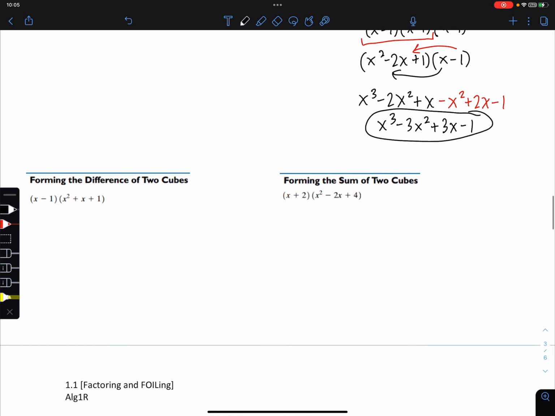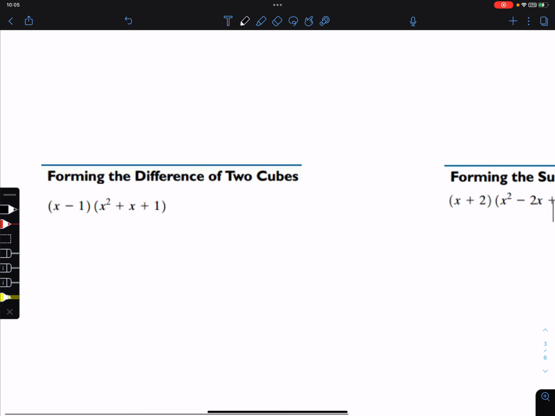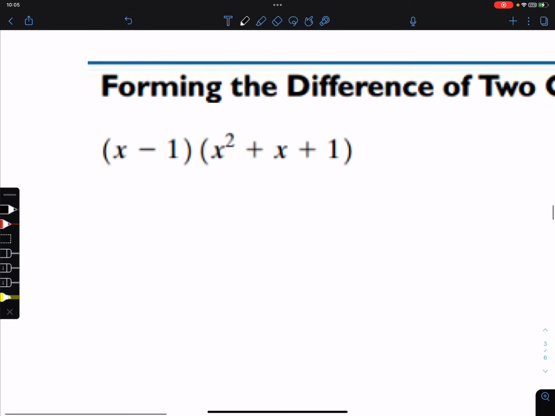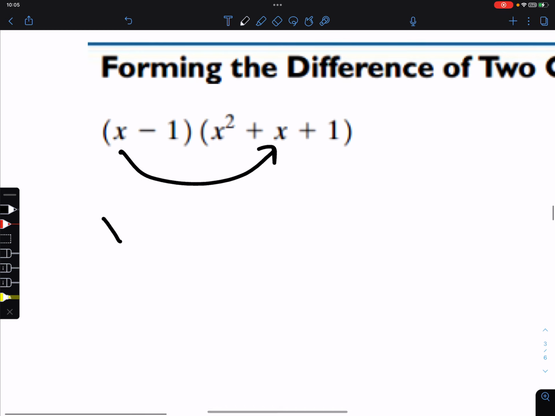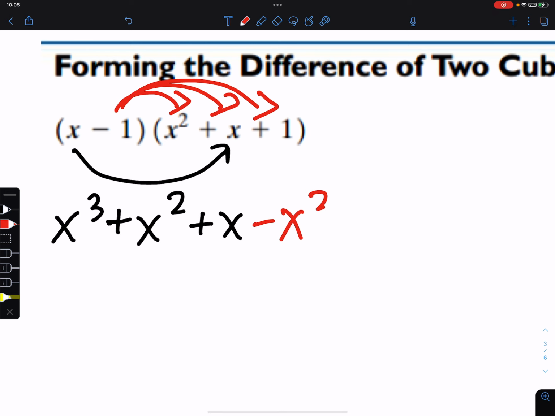Okay, now this is leading to an Algebra 2 topic, but forming the difference of two cubes. Okay, so let's just go ahead and distribute this, okay? X times all of this, we should get x cubed plus x squared plus x, and then let's look at this negative 1. Negative 1 times all of this, we should get minus x squared minus x minus 1.